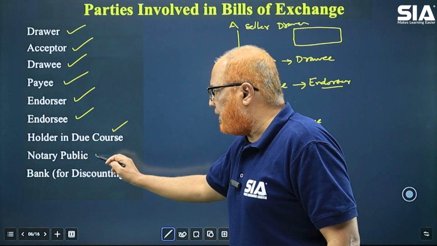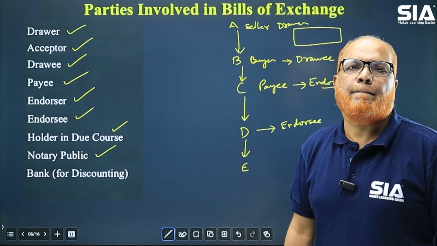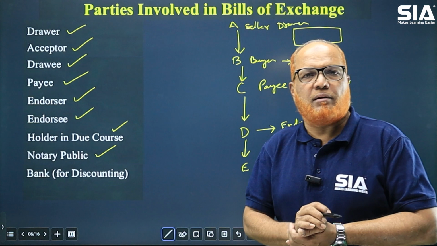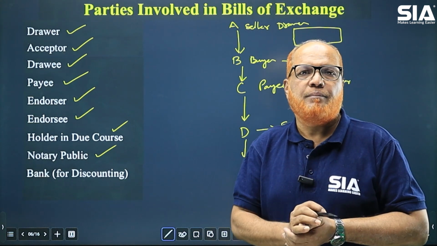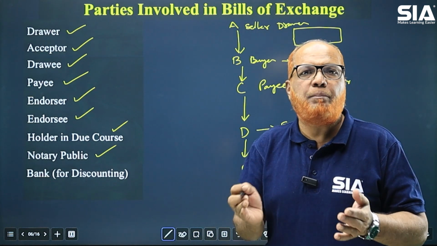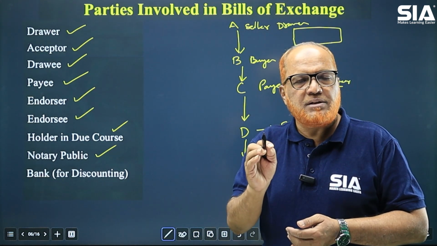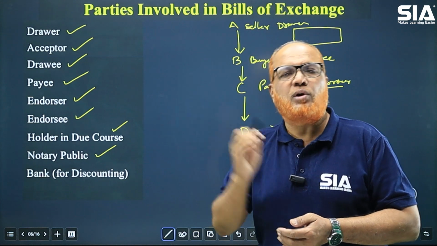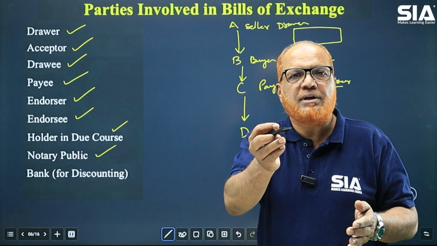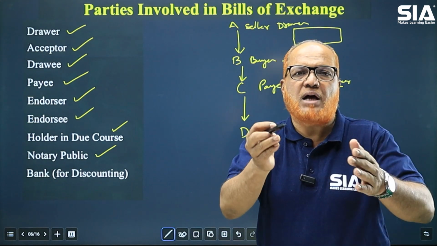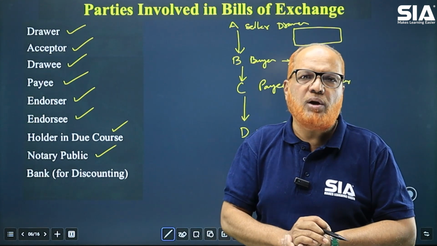Then notary public, one more party is there. Notary public is the lawyer. So whenever a bill is dishonored by non-acceptance or non-payment, the person can take the bill to a notary public, that is the lawyer. The lawyer will bring the bill to the person who has to make the payment and ask why you are dishonoring the bill.